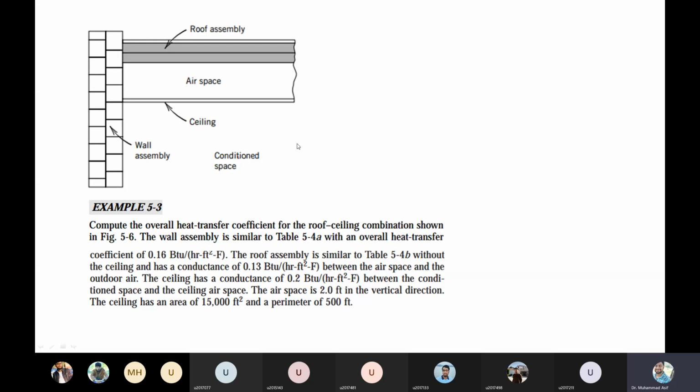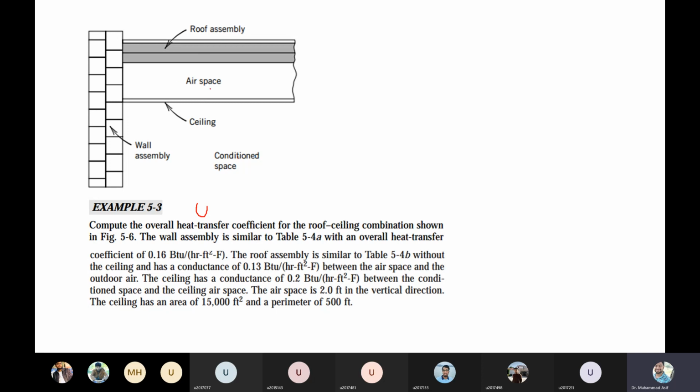Let's say another example. It says to compute the overall heat transfer coefficient. So what is the value of the overall heat transfer coefficient U for the roof ceiling combination? That means we have a roof, and then we have a ceiling.